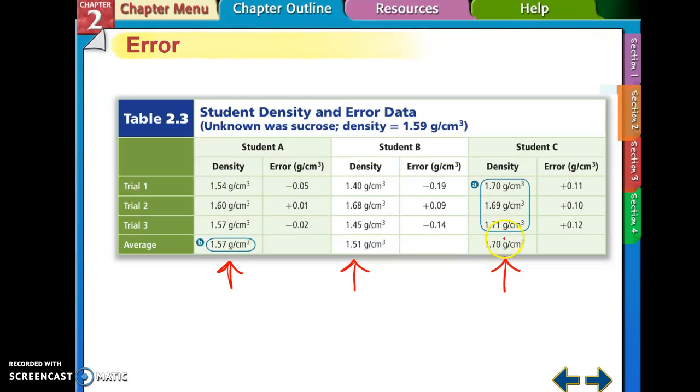Those are the experimental values for each individual student, and we're going to compare that to the actual value. The experimental value is what the student got, and the actual value is what was given by the data. So that is how to calculate error and percent error.